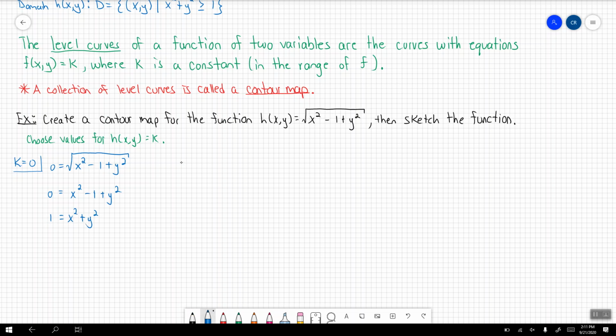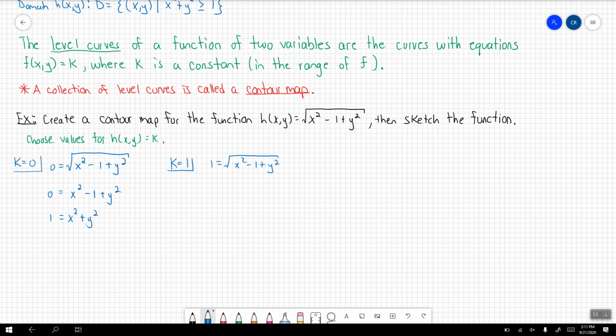Well, let's check what happens when k is equal to 1. Well, when k is equal to 1, we get 1 is equal to the square root of x squared minus 1 plus y squared.